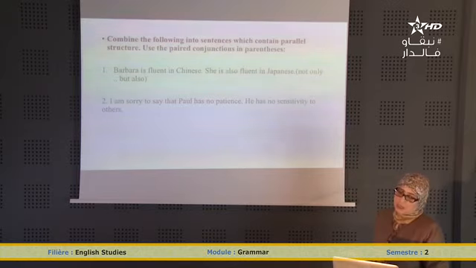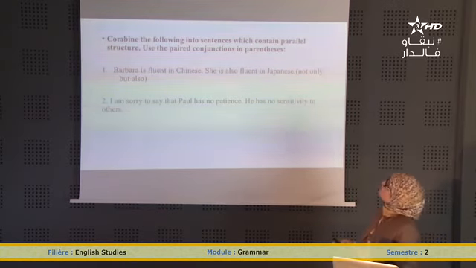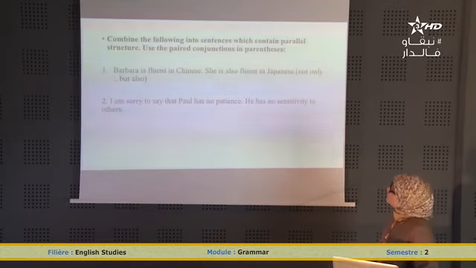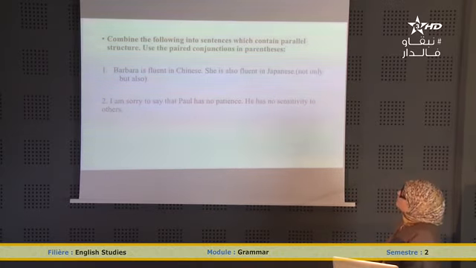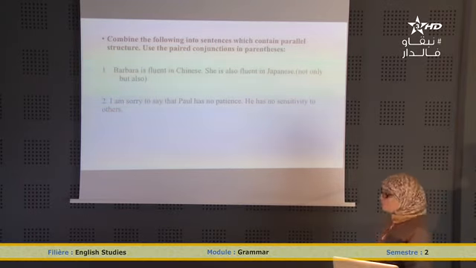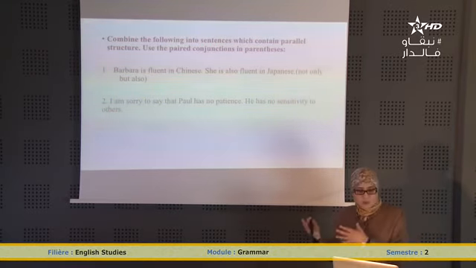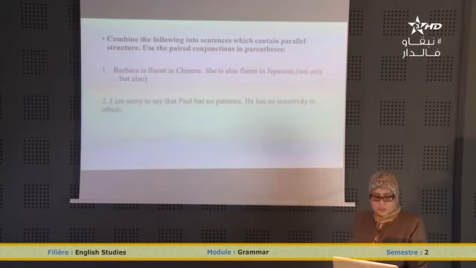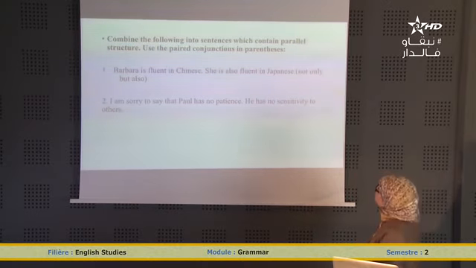In this one, let's combine the following into sentences which contain parallel structure. Now use the paired conjunctions in parentheses. Look at number 1. Barbara is fluent in Chinese. She is also fluent in Japanese. What you see here are the examples of 2 independent clauses, but we need to make them into one sentence using coordinating conjunctions.